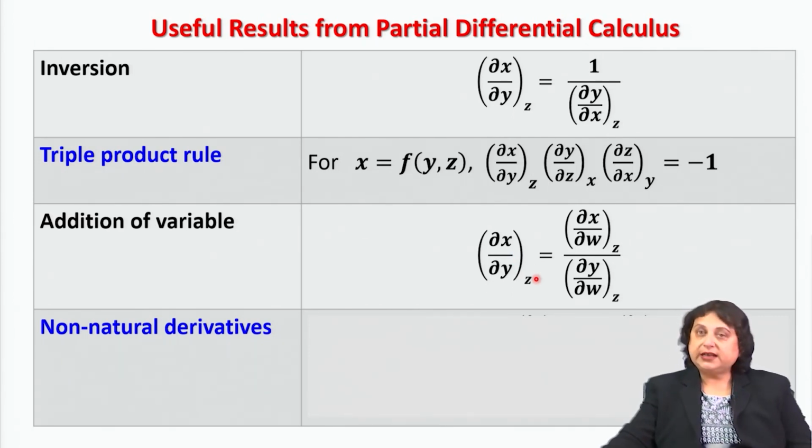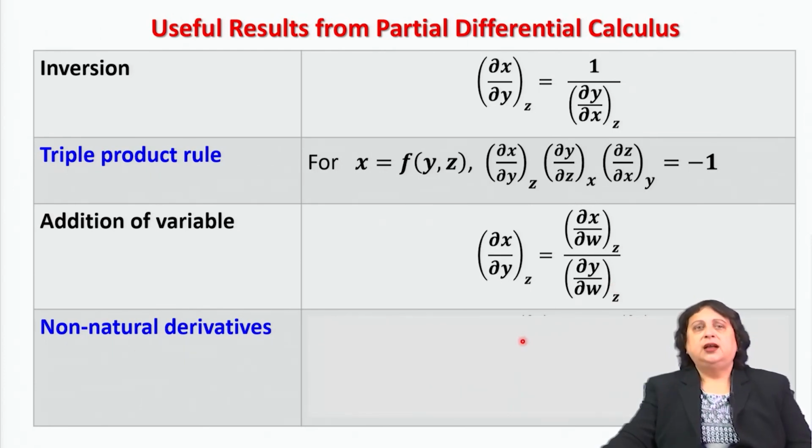Rather, I know x as a function of w, another independent variable, and y too as a function of w. In that case, I can express this partial differentiation as a ratio of these two terms, and this is the addition of the variable w into the description, keeping the overall constancy of the variable z unchanged.